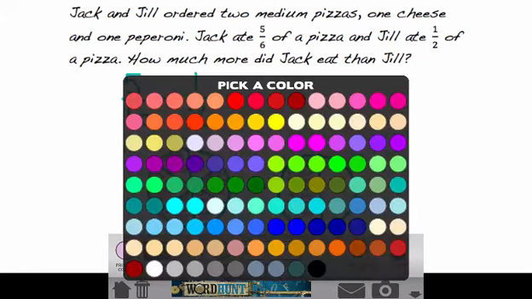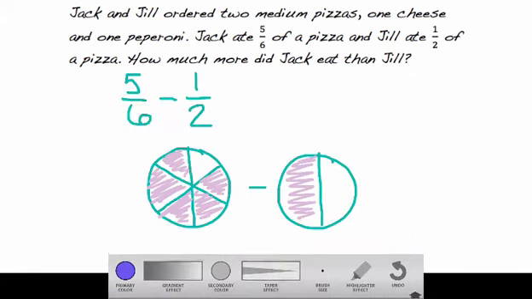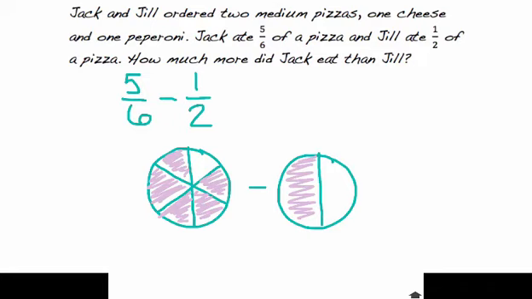I'm going to switch colors again real quick to help illustrate what we're doing. Now, since we want to subtract this half, we're going to look and see if we can find half over here in Jack's pizza. So we can take this section here away from his pizza. Now we know that half of 6 is 3. So half of a pizza, if we're going to take it away, would be 3 slices.